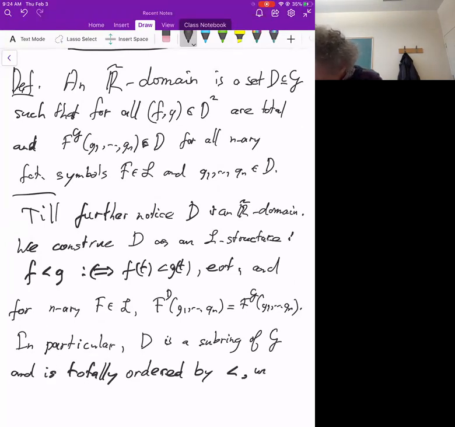An element in D is either 0, or if it's not 0, it has to be ultimately positive or ultimately negative, which means that it's a unit in this ambient ring.